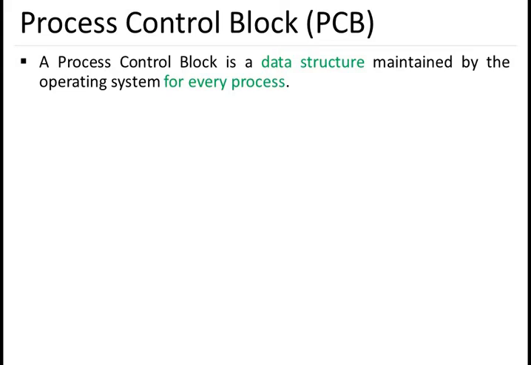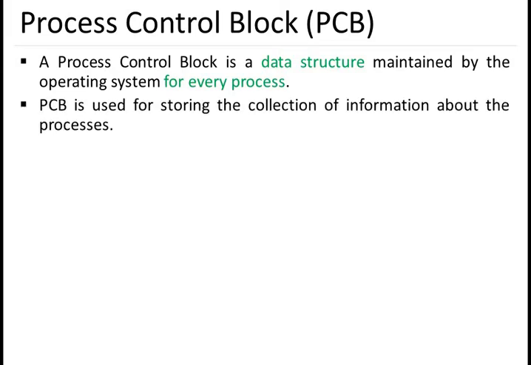It requires some kind of tracking, so that the operating system can do this process execution smoothly. For that purpose, this PCB is implemented, and it is maintained by the operating system for each and every process. It is used for storing the collection of information about the process.